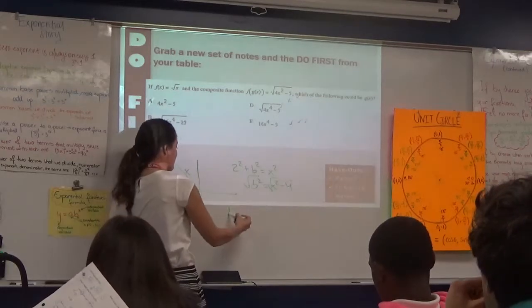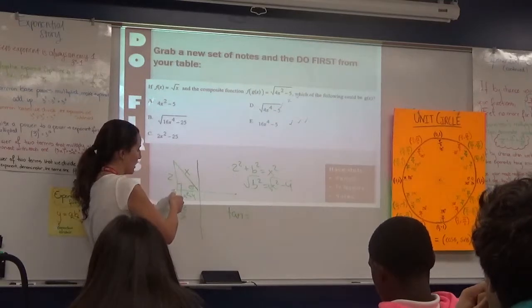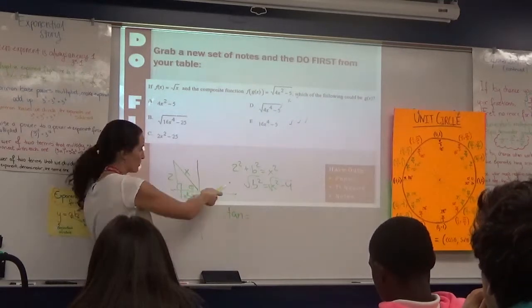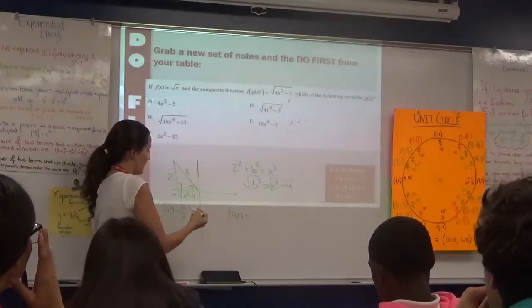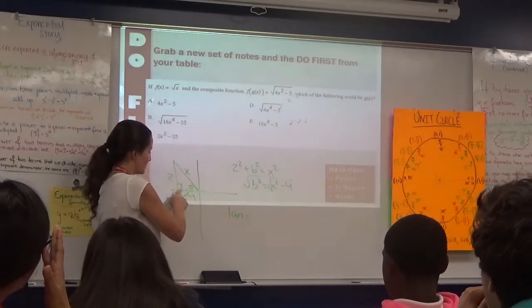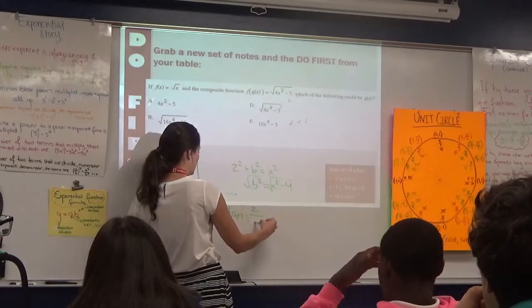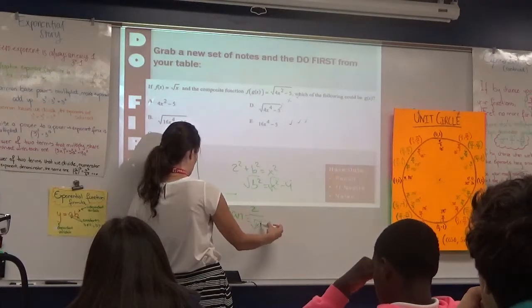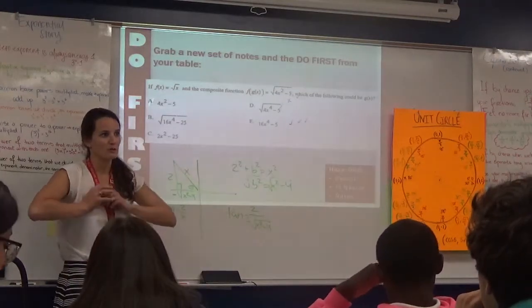Tangent. Okay, now if we're in this quadrant, this would be positive 2 up, but this is back, and remember when we take the square root, it could be plus or negative, and that would have to be minus. Tangent is opposite over adjacent, so we'd have 2 over negative square root of x squared minus 4. Okay, cool. So just labeling your triangle.